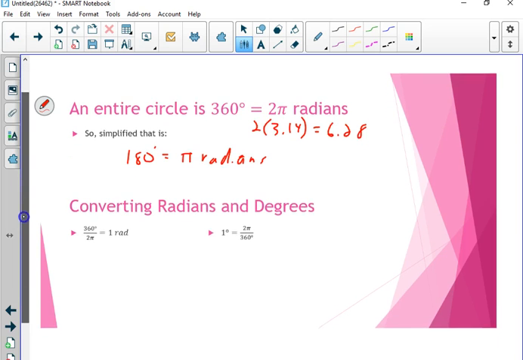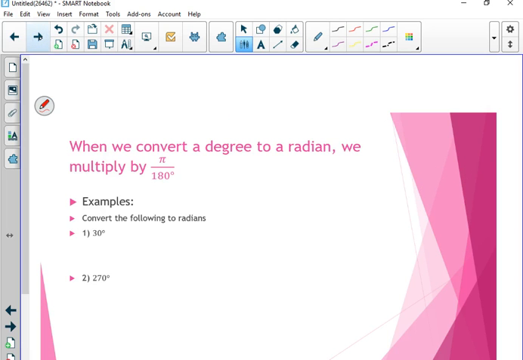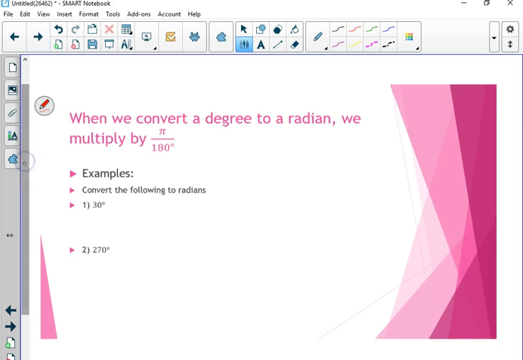So here's how we're going to convert it. It's actually pretty easy. The understanding might be a bit hard, but conversion is pretty easy. 1 radian is equal to 360 divided by 2 pi, and 1 degree is equal to 2 pi over 360. So let's see how easy this is. It really is. When we convert a degree to a radian, we multiply by pi over 180.